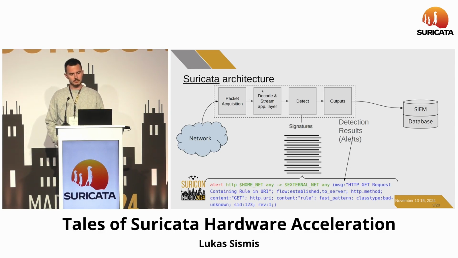So we prepare the packet, flow and stream for detection. And then we have some rule set of signatures in the detect module, which is the juicy part of Suricata. And then we go into outputs and we report what we found.